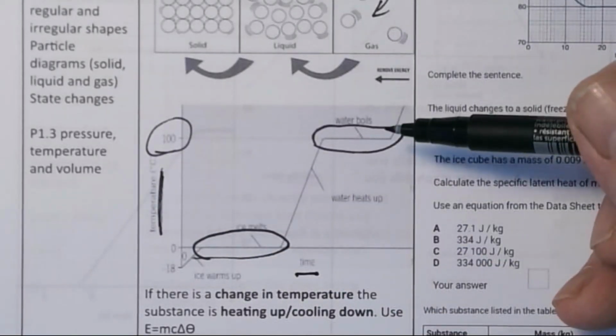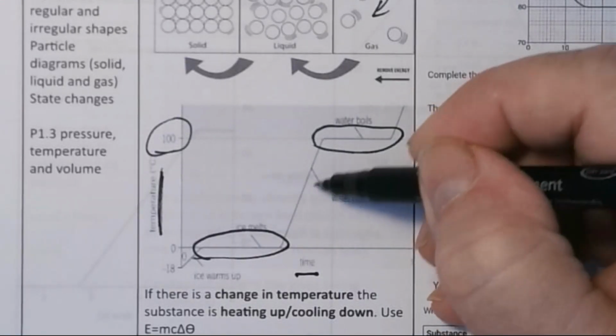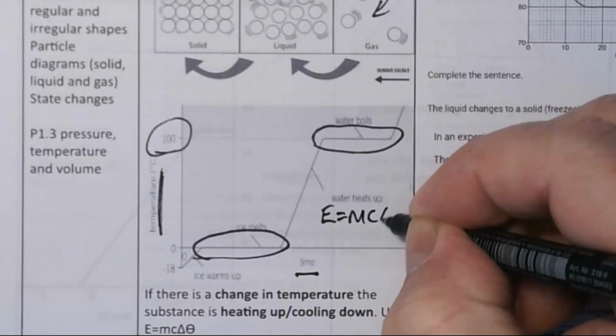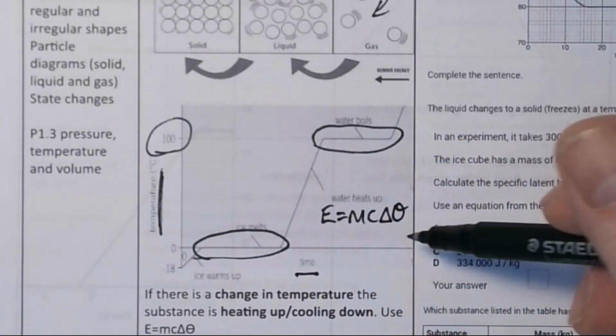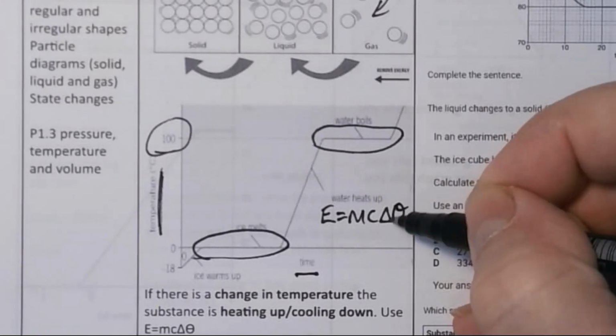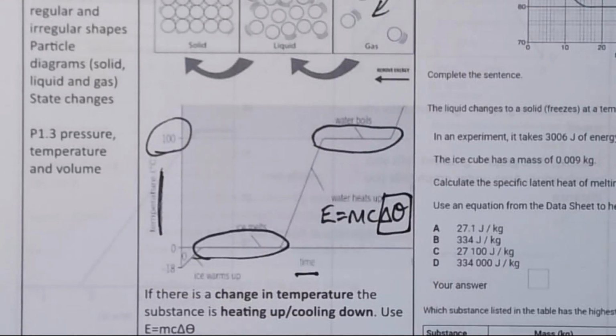Whilst the water is heating up and there's a temperature change, you can talk about this particular equation, mcΔθ. Okay, know your letters. C is for specific heat capacity, m is mass. Delta theta is the symbol that's used for a change in temperature. Make sure you recognize that and know what it means. Capital E is the energy that's transferred.